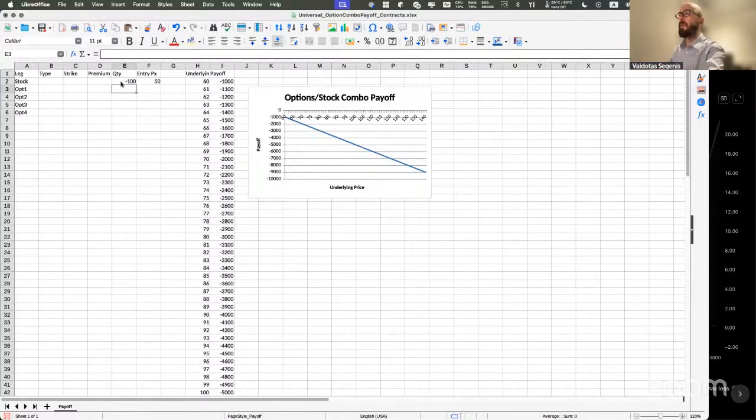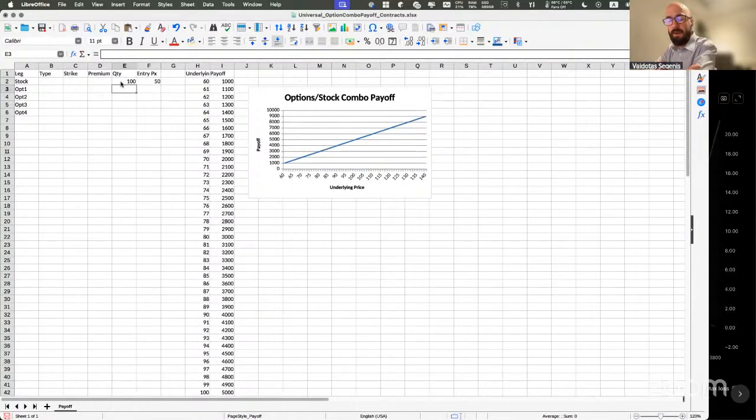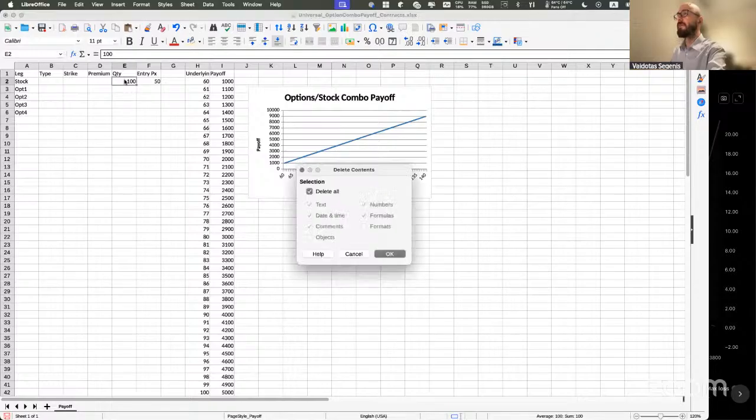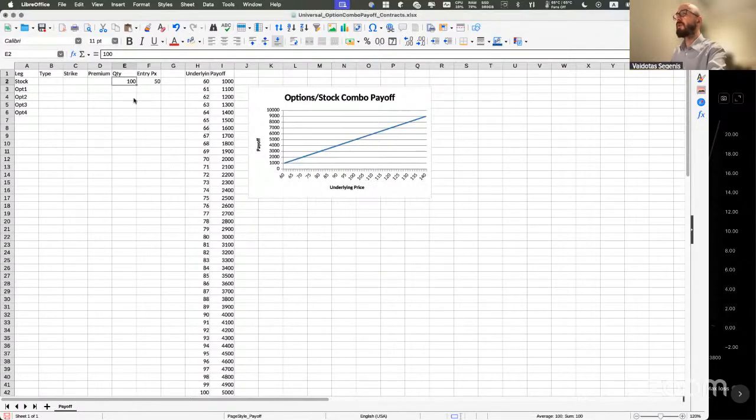For example, we already learned that the payoff diagram of being long stock is linear. Now, can we get this exact payoff diagram without using any shares at all? And the answer is, of course, we can.